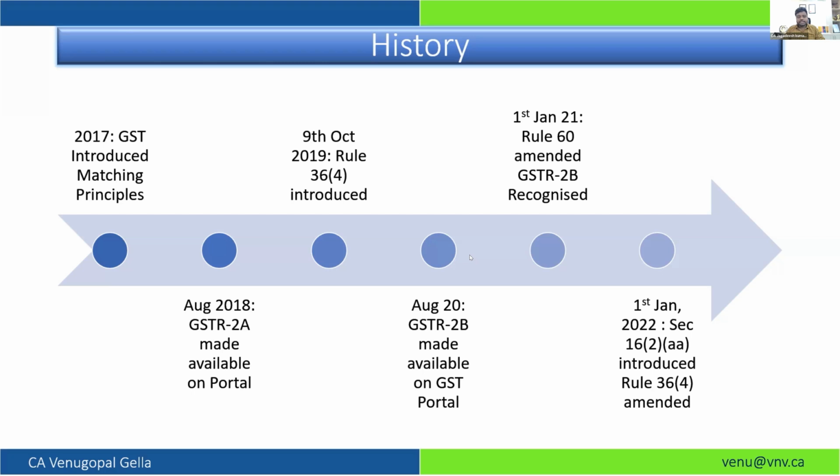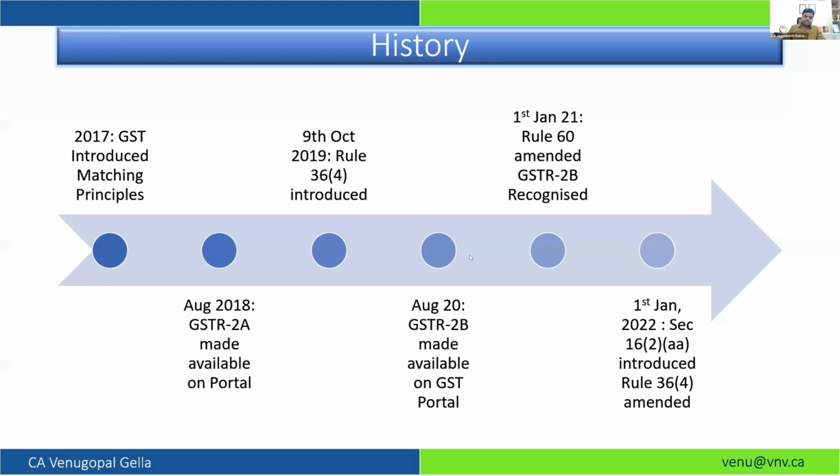At the time of implementation, on 9th October 2019, it allowed the maximum credit of what is reflecting in 2A plus 20% of provisional ITC, and later on it decreased to 10% and 5%, and from 1/1/2022 the provisional ITC is completely disallowed, and only the ITC reflecting in GST 2B can be availed in the GSTR-3B.